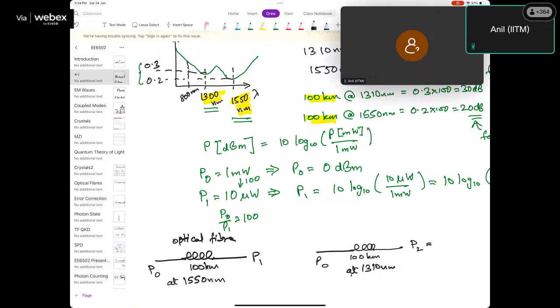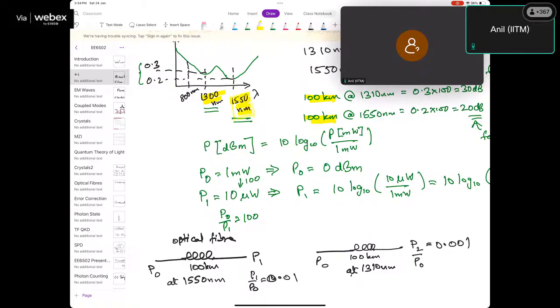So here I'll get P1 by P0 equal to 0.01. Here I get P2 by P0 equal to 0.001, right? A factor of 10 smaller. So please remember that, right? Anytime someone's talking to you about these things, you should remember that we have a certain reason why we choose the wavelength.